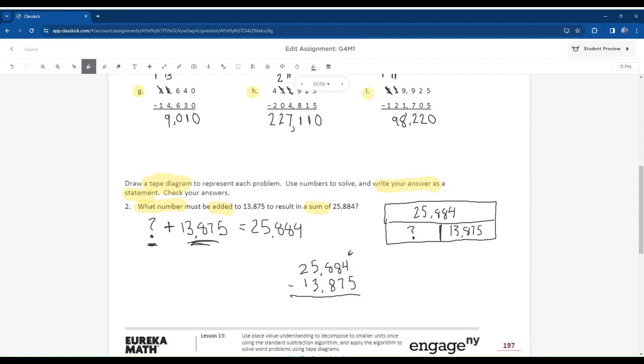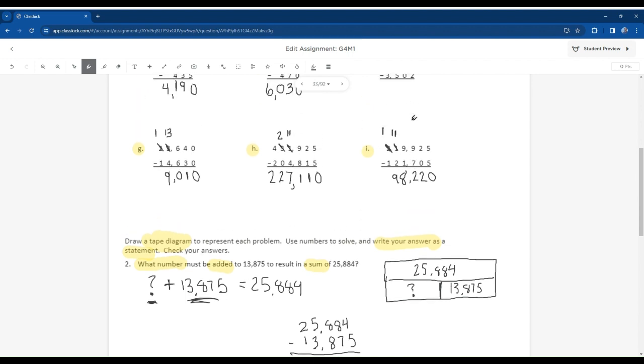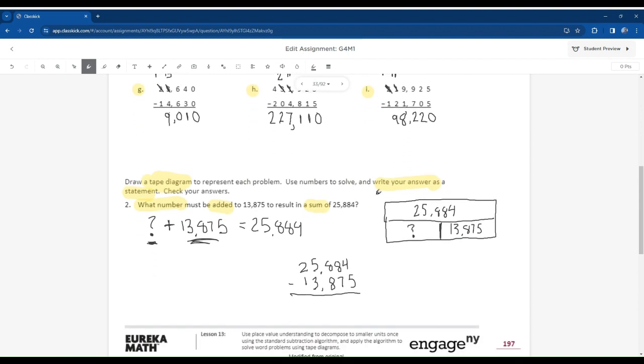Now in our ones place is where we run into that dilemma. Again, I had to set this operation up by myself. It wasn't like these up here where it's set up for me. So again, I need to make sure that my larger number is on top, smaller number is on bottom, and I'm aligned with my place value. So I'm subtracting ones from ones, tens from tens, all that sort of stuff. So right here in my ones place, I have 4 ones and I need to take away 5 ones, and I can't because I don't have enough.